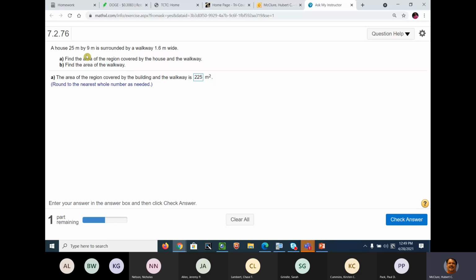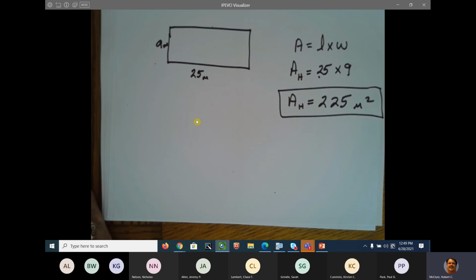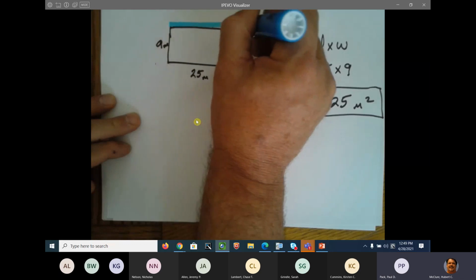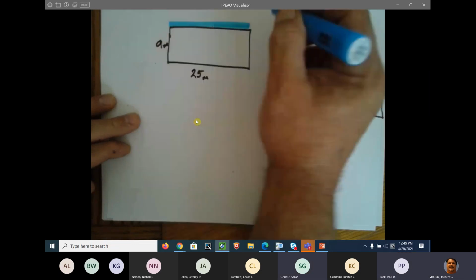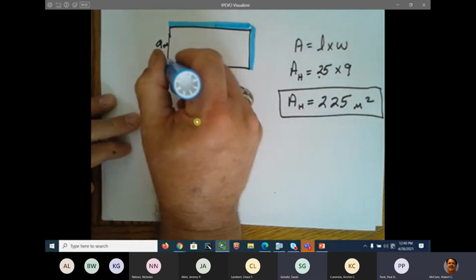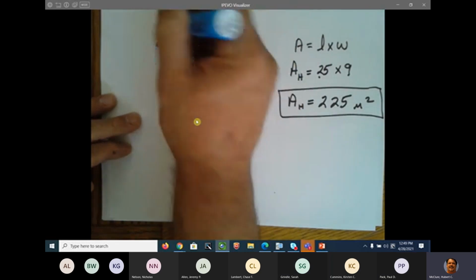Now, see, this is the kind of question right here that kind of pisses me off because they could have done it a whole lot different. All right, I'm going to add a walkway. It's set around the whole house, right? Yes, it's surrounded by a walkway. So that adds 1.6 to what?